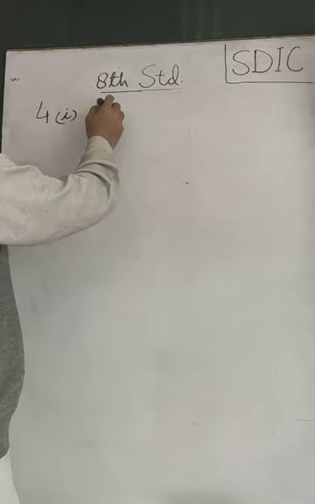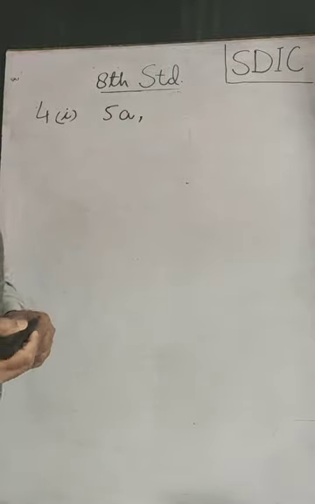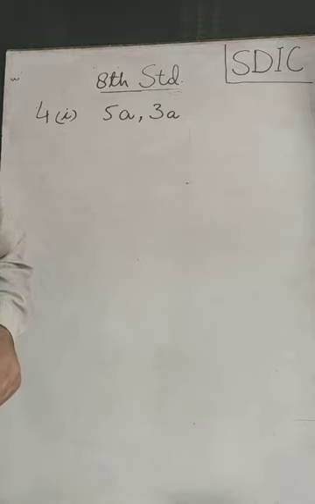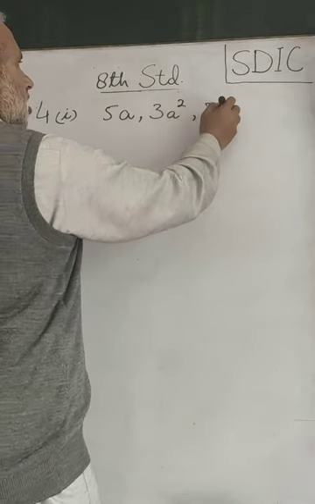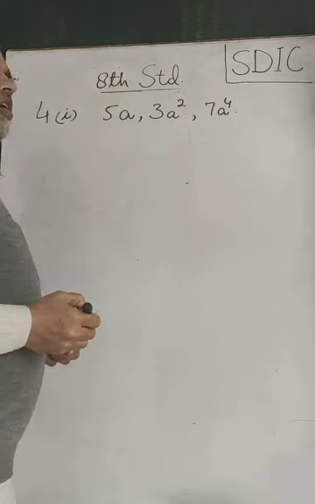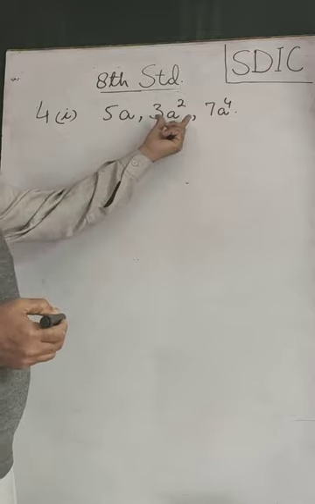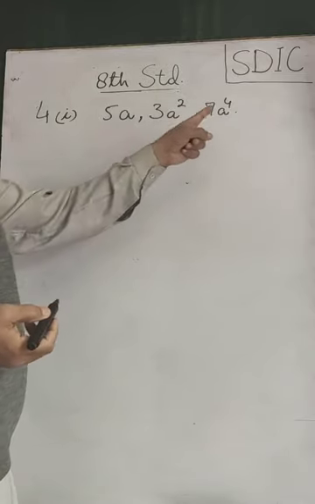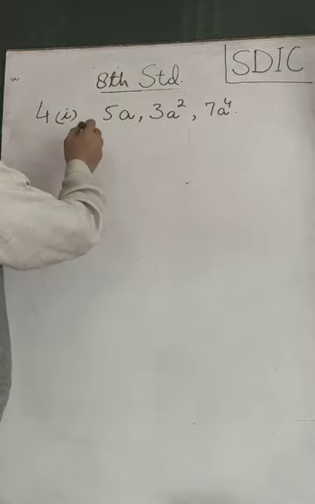The dimensions are 5a, 3a square, 7a raised to power 4. So these monomials, 5a monomial, 3a square monomial, 7a raised to power 4 monomial, these are our length, breadth and height of that box. Volume we have to find.